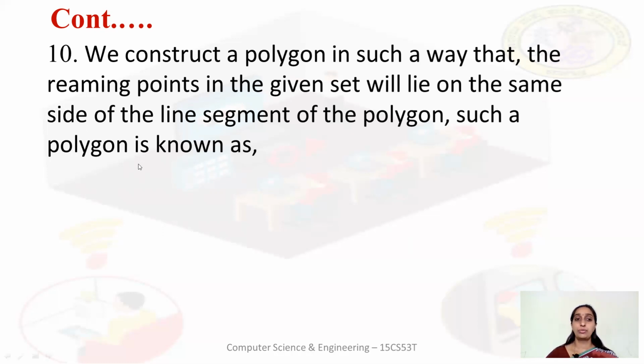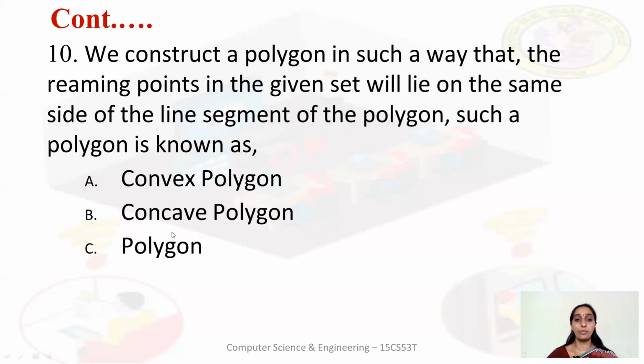Okay, so that is known as convex polygon, concave polygon, or just a polygon, or all of the above. So it's a procedure to construct your convex polygon, right? So that is answer D.